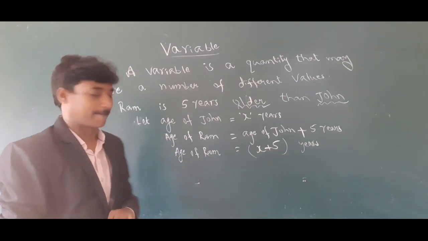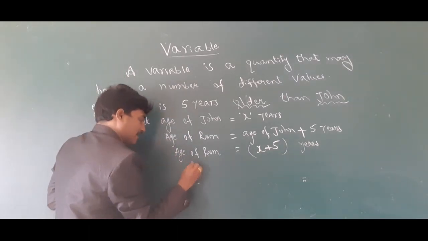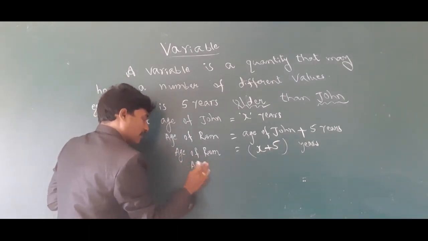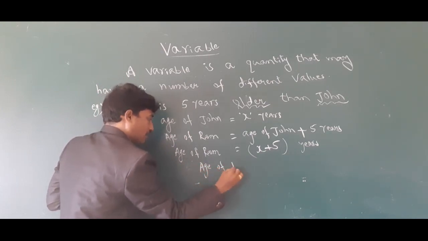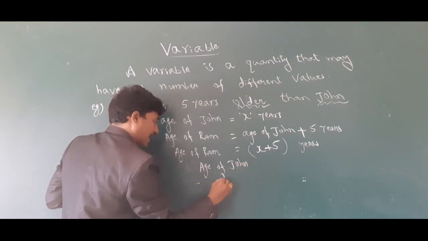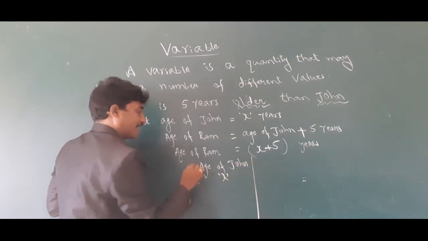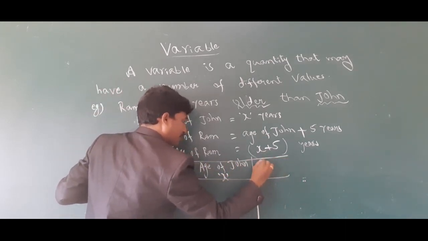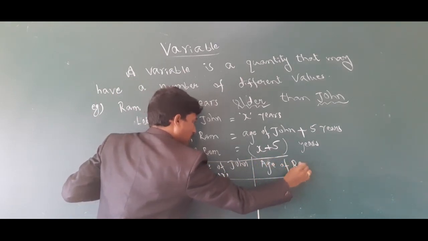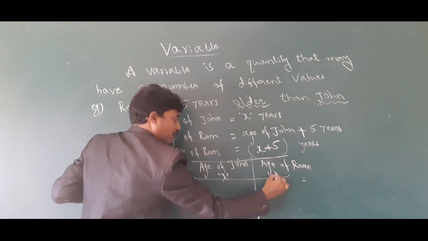Let us write that. Age of John is x years. Then we can write the age of Ram as x plus 5.